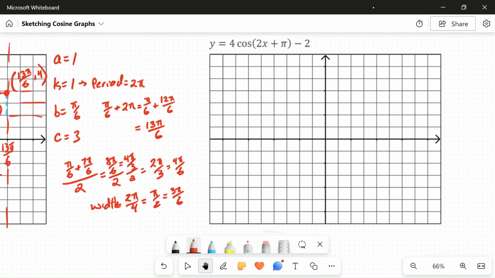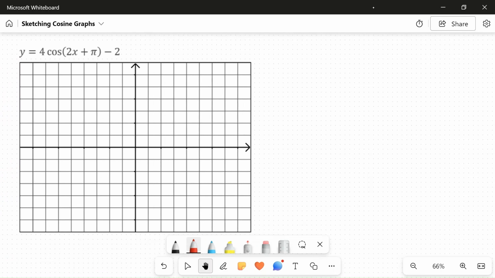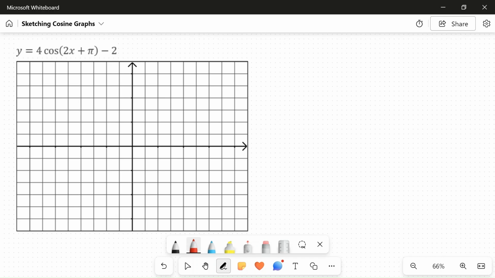All right, let's try one more. This one has all the transformations, or at least all of the coefficients. So y equals 4 times the cosine of the quantity 2x plus pi, and then minus 2. One thing you should notice on this one is that it only has one set of parentheses, just around the 2x plus pi.